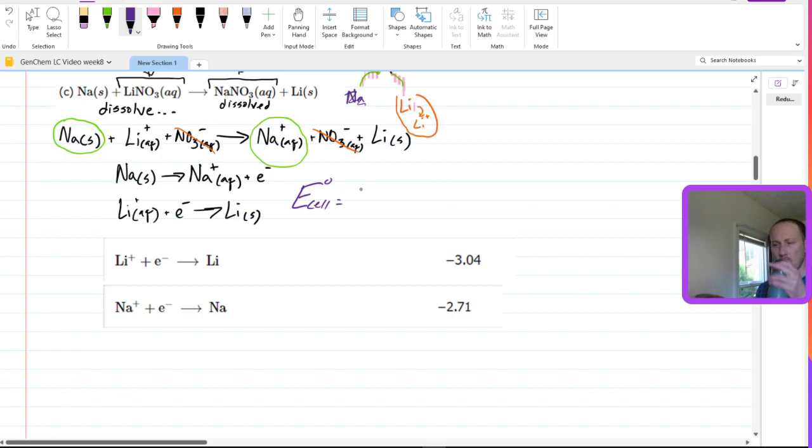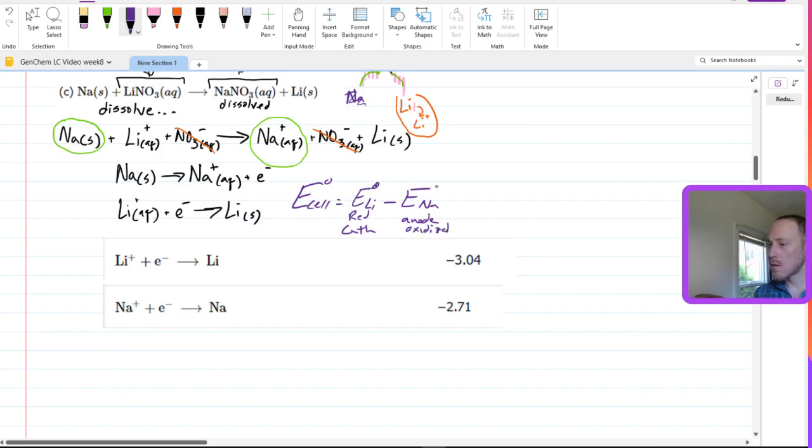So it's going to be lithium minus sodium, because we're doing the reduction potential of the cathode minus the reduction potential at the anode, which gets oxidized.